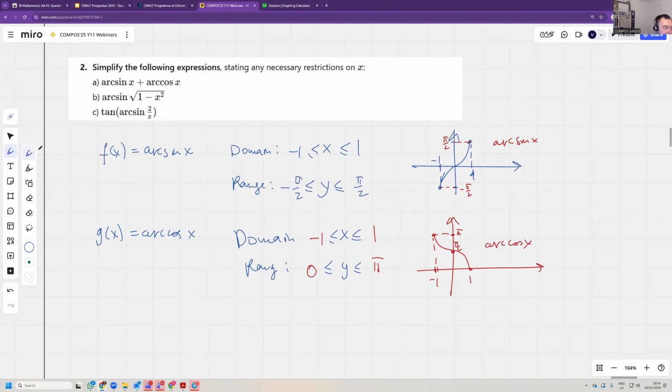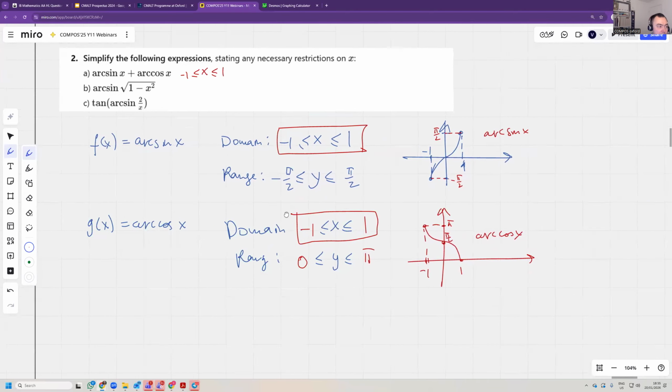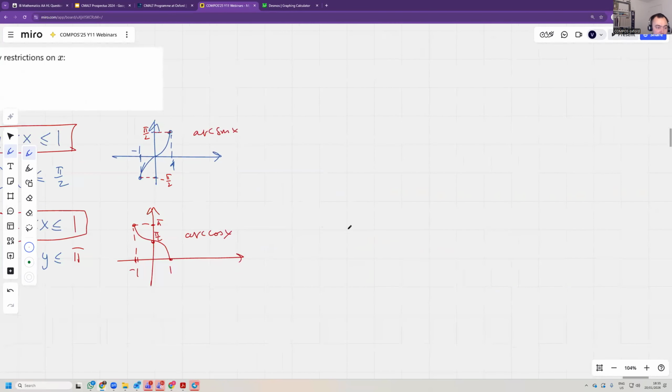So the restrictions on x: x has to be between those. For both, it has the same restrictions on x. So x is greater than or equal to -1 and less than or equal to 1. Then what do we do with arc sine x plus arc cos x? Well, there are different approaches that you can take. You can use trig.